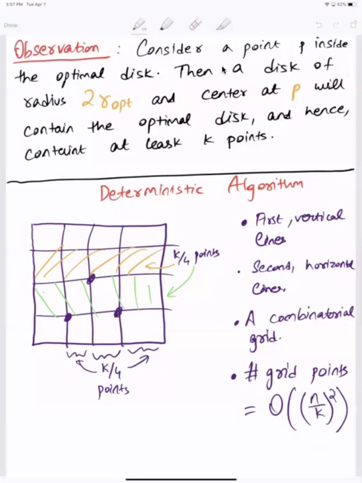Okay, good. So the next question that comes up is, how much time does it take to build this grid? When we say how much time, we want to compute these horizontal and vertical lines, and for every point, we want to know which two vertical lines and which two horizontal lines contain it.